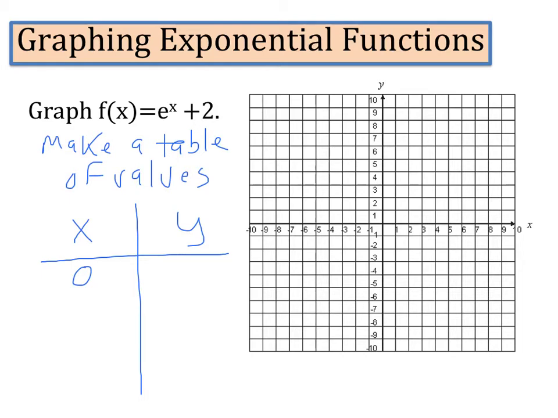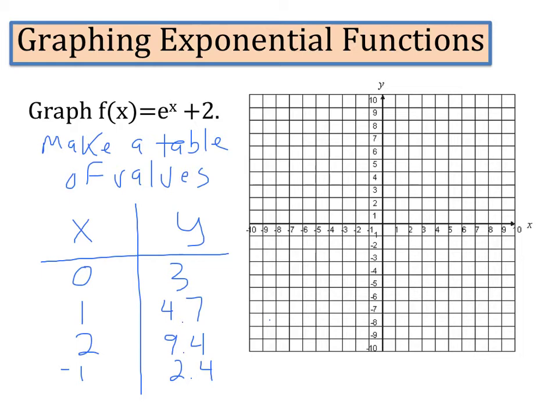So if e is raised to 0, that's 1, and 1 plus 2 is 3. I'd plug 1 in, do the math in my calculator, and get 4.7. If x was 2, I would get 9.4. And let me get one negative value: if x was negative 1, y would be 2.4.